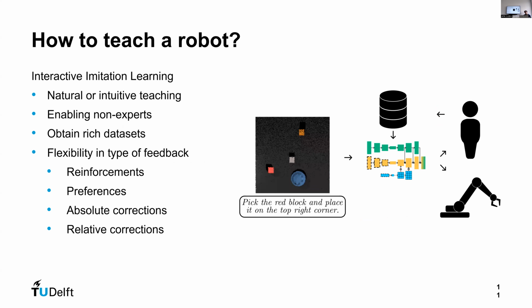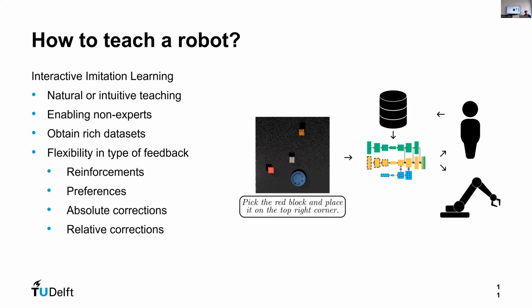Alternatively, like Jens already mentioned, we can also learn interactively through interactions with humans. So we have a human in this learning loop, and we don't have a strict separation between training and execution, but we are basically training also while executing. This interactive imitation learning paradigm allows for very natural or intuitive teaching, for example through language, or through demonstrations or feedback.